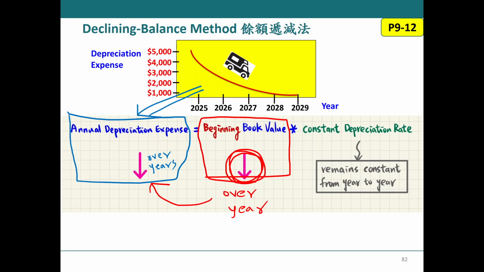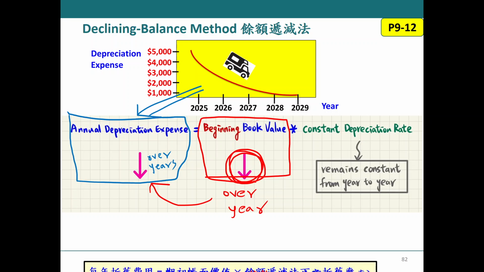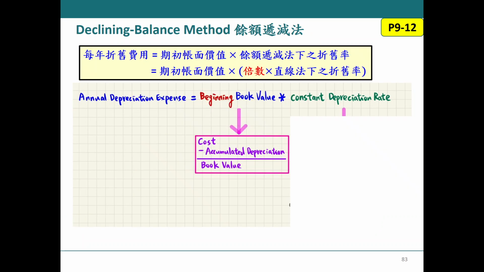That's why we use book value, we can achieve our purpose: we want depreciation expenses to decrease over years. Any questions? So how to get book value? Remember? Go to the next slide, page 83. Page 83 told you how to get the book value: cost minus accumulated depreciation, we got book value, right?